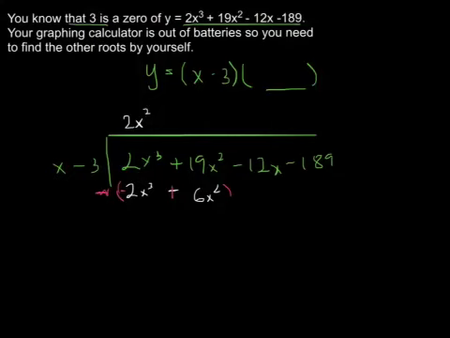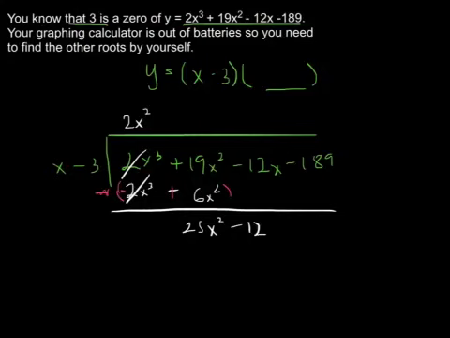And so now I'm going to get rid of 2x cubed, and all I'm going to have left over is 25x squared minus 12x minus 189.